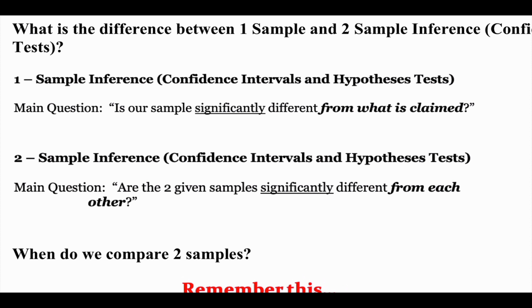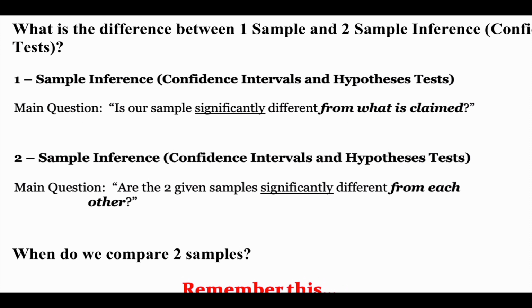All we're comparing is the two samples. The hypothesis will always be the samples are not significantly different. They're the same. That's our hypothesis. The alternative will be that one is significantly higher than the other, or we don't know which one's higher, they're not equal.